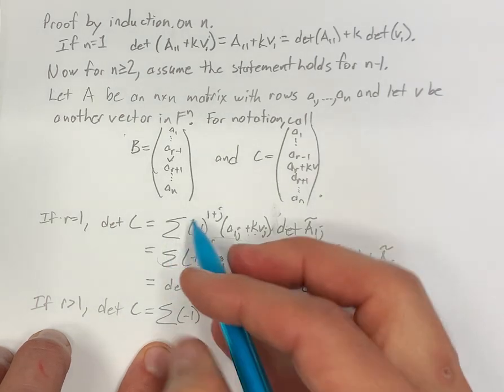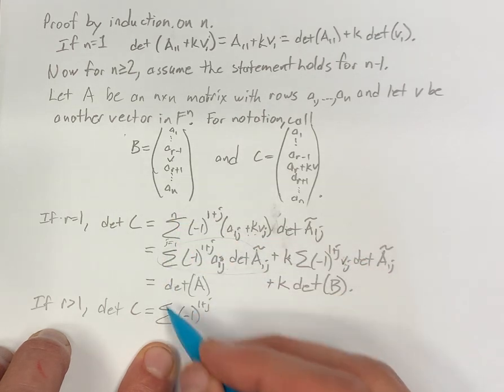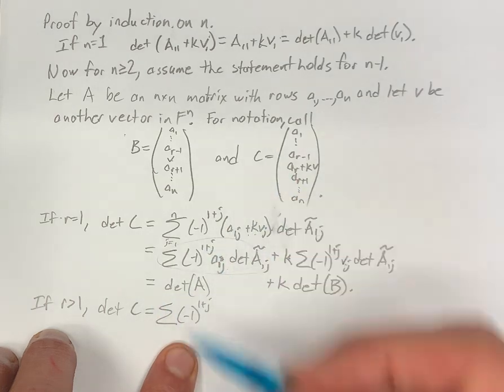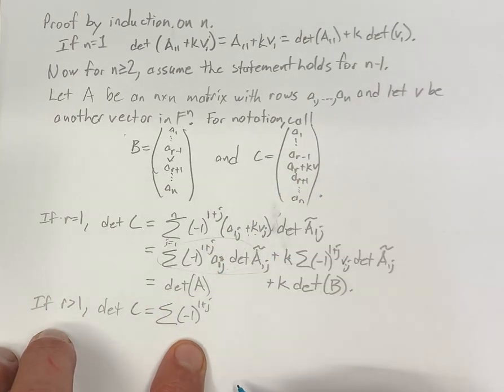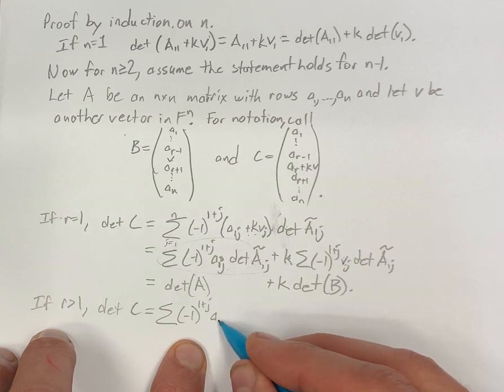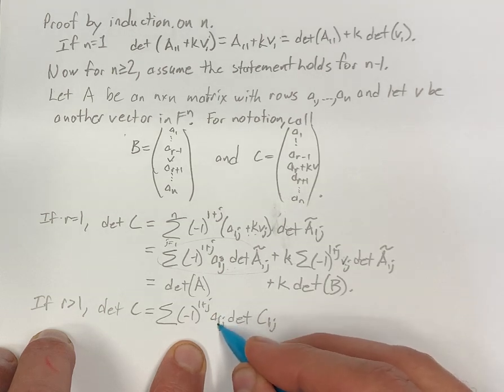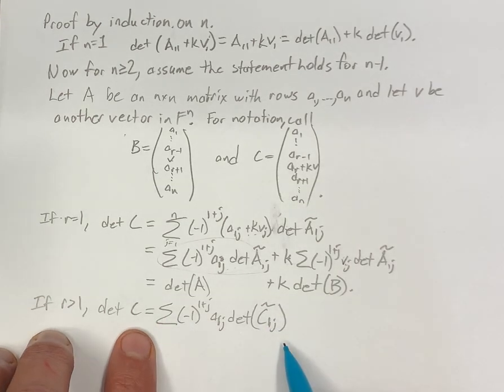And this is a fairly common convention: every single one of these I could write j equals 1 to n, but as long as there's no ambiguity, every single sum on the whole page goes 1 to n, and often we omit writing that. We could say a1j det of the C1j minor. That's just the definition of determinant.